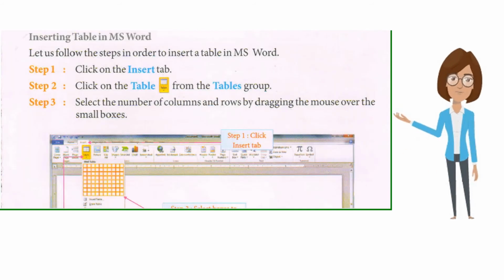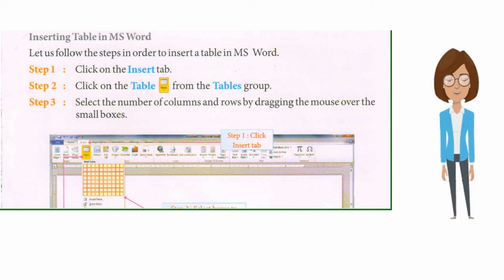Inserting a table in MS Word. Let us follow the steps in order to insert a table in MS Word. Step 1. Click on the Insert tab. Step 2. Click on Table from the Tables group. Step 3.